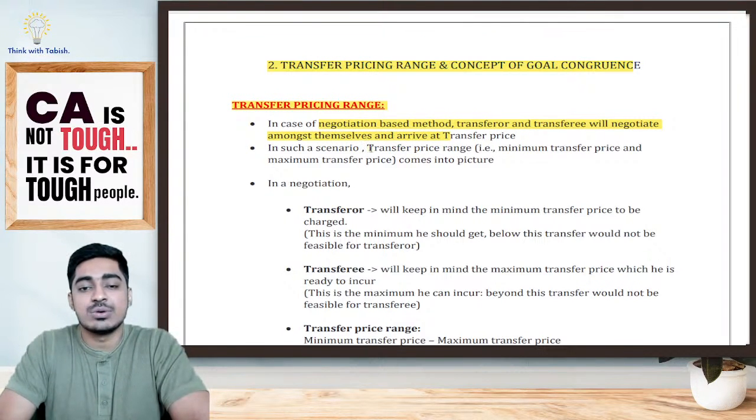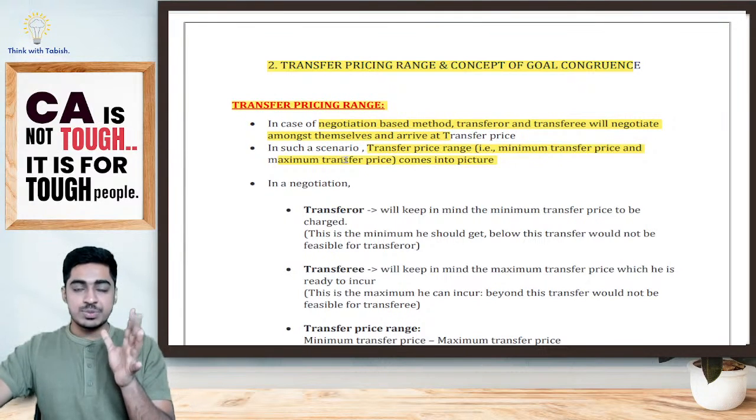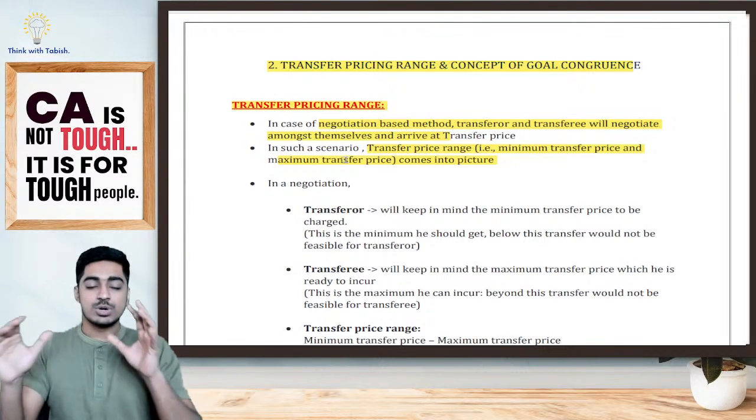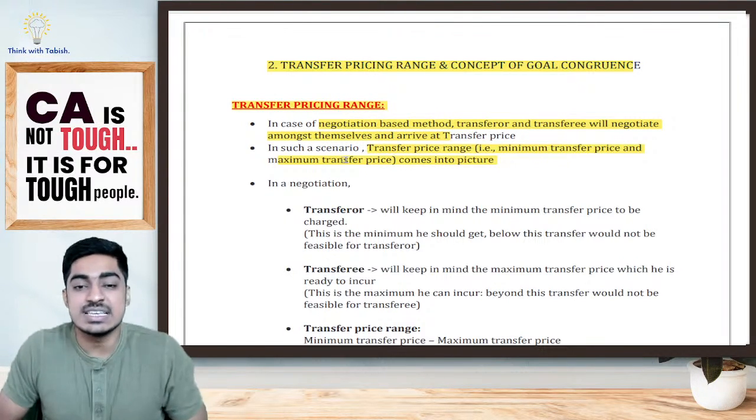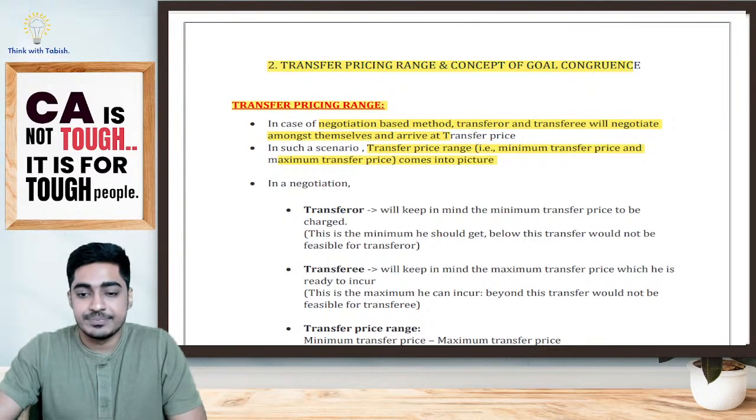So how do they do that? We have the next concept, which is the transfer pricing range and the concept of goal congruence. In a negotiation based transfer pricing method, the transferor and transferee negotiate, so a transfer price range comes into being. When they are negotiating, they think about how much minimum they should get and how much maximum. That is the transfer pricing range they are thinking of.